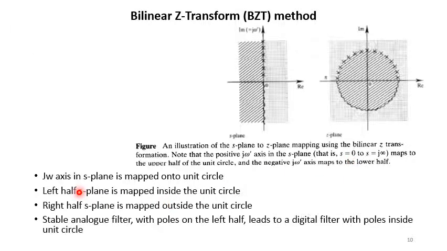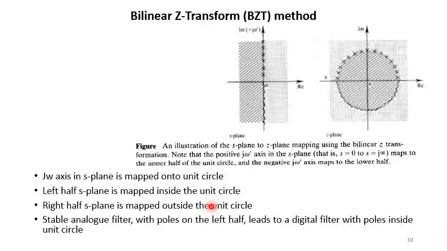So the j omega axis in the s-plane is mapped onto the unit circle. The left half of the s-plane is mapped inside the unit circle. You can see that these lines, some type of oblique lines, correspond to inside the unit circle, whereas the right half of the s-plane corresponds to values outside the unit circle.